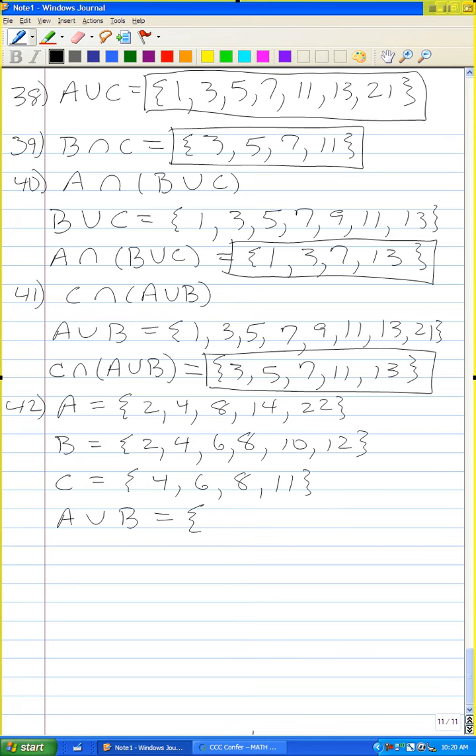And so in this case, it's going to include 2, 4, 6, 8, 10, 12, 14, 22. So it'll include any number in either of those sets. So 2, 4, 6, 8, 10, 12, 14, 22.